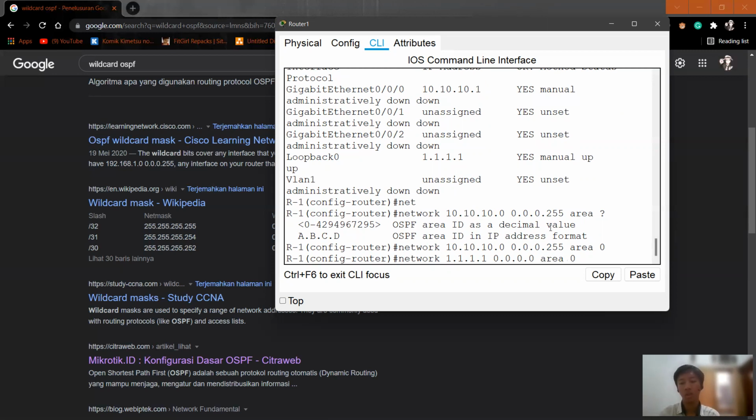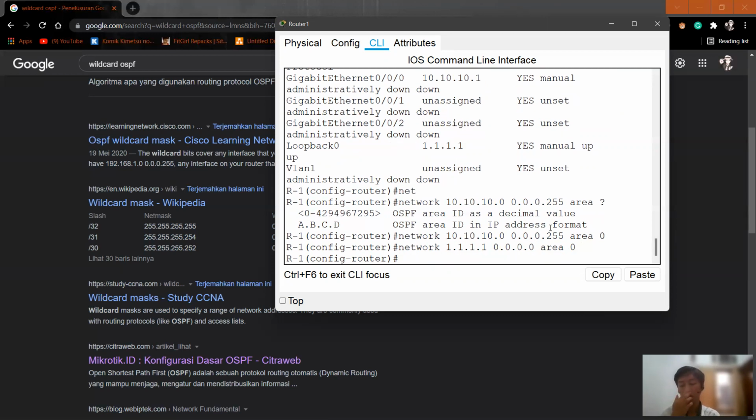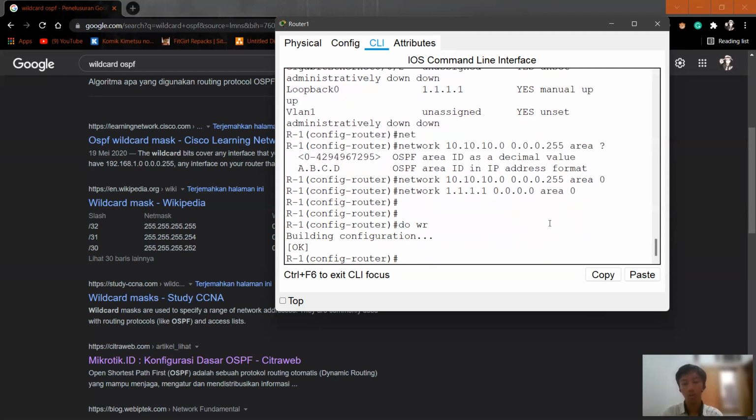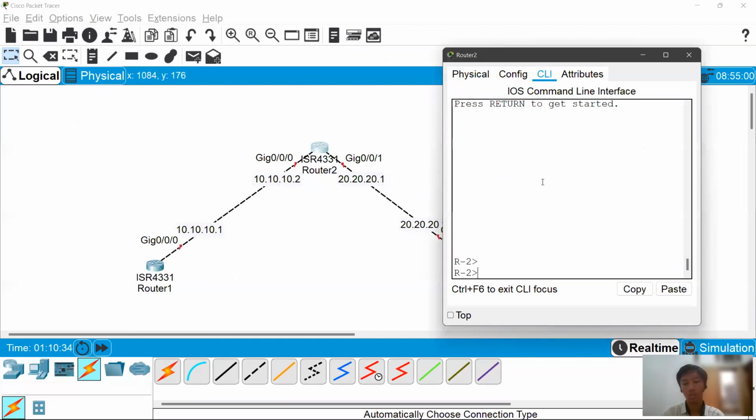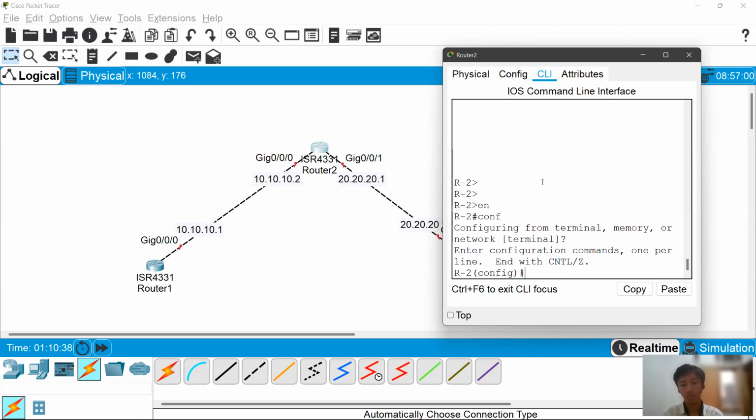Don't ask again because we want to learn about OSPF basics. Okay, don't forget to write, and enter the router to enable config.